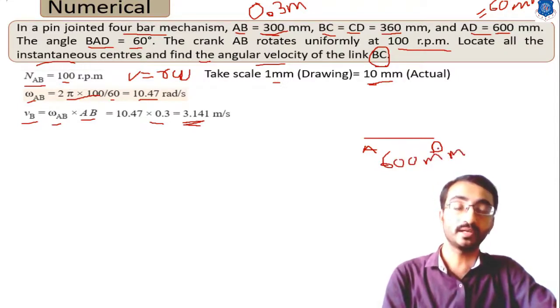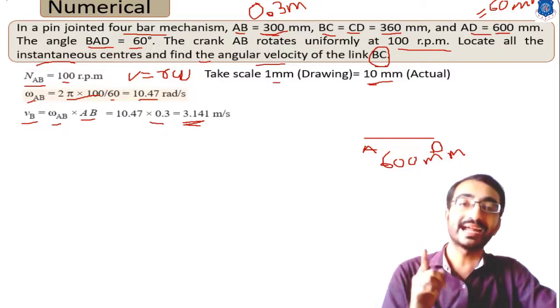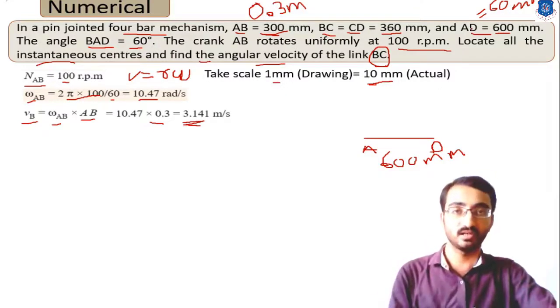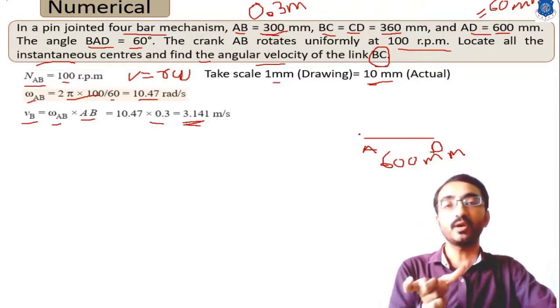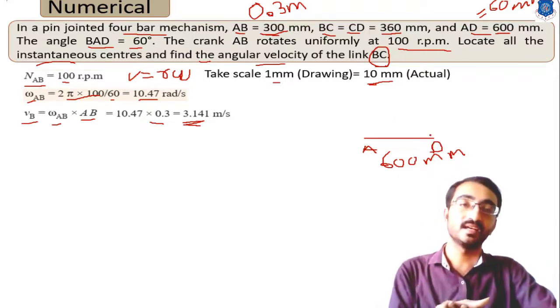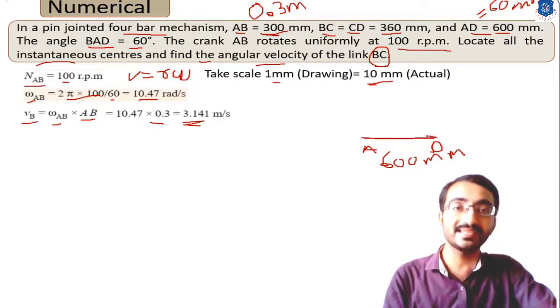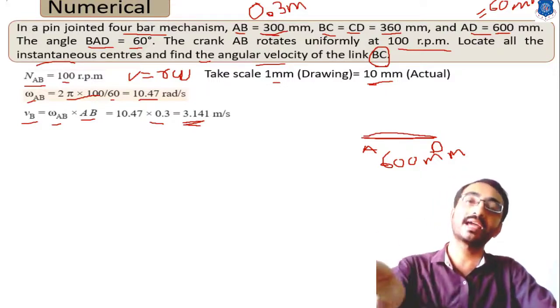Be careful here: while writing the dimensions on your drawing, you have to write the original dimension, but while sketching you have to use the scale. So the drawing length of this line is 60 mm, but we represent it as 600 mm, the actual length.